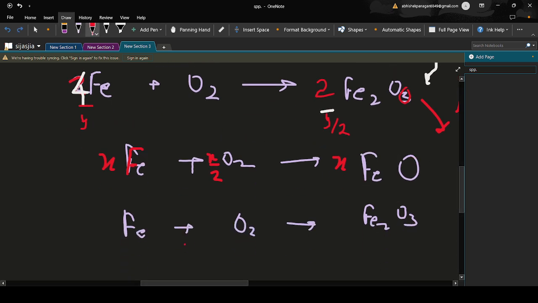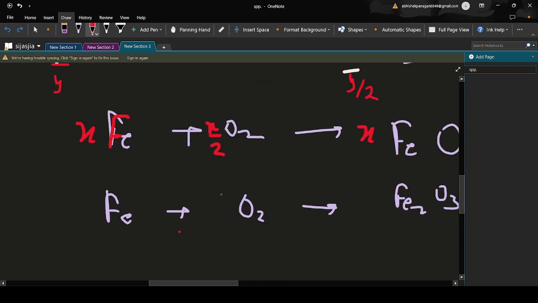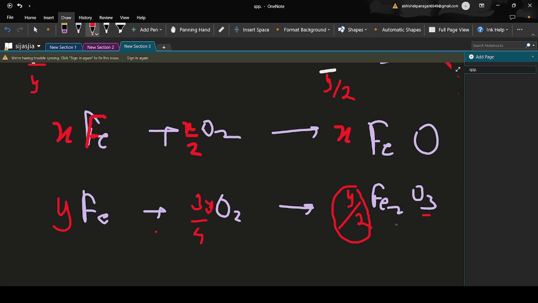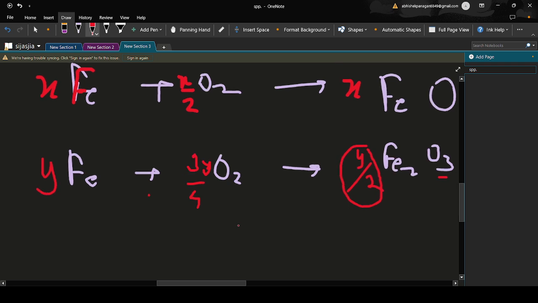Now let me clear this. So 3Y by 4. And this goes on like Y moles of Fe gives Y by 2 moles of this. And if this Y by 2 is given, and there are 3 oxygens already, so we have to balance this.